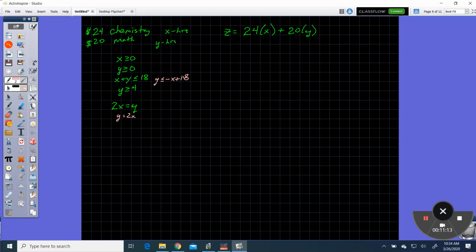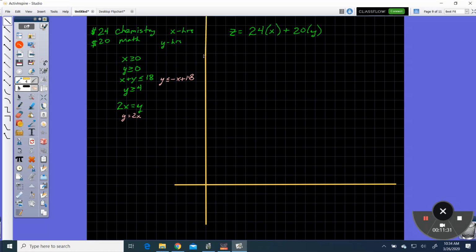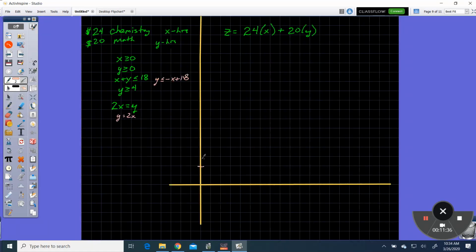Okay. Now let's see. The next part says, C, graph the system of inequalities represented by the constraints. So part C says we're supposed to graph this stuff. Two, four, six. I'm seeing if I have 18. 8, 10, 12, 14, 16, 18.